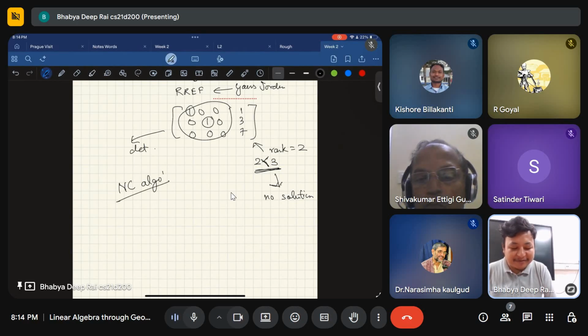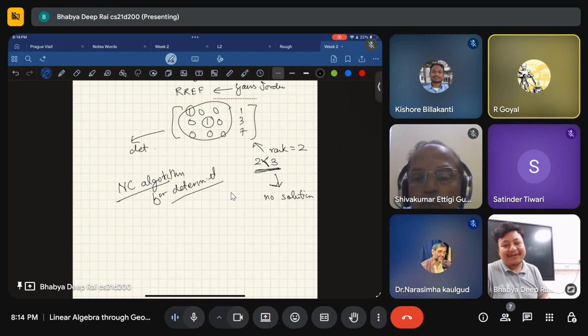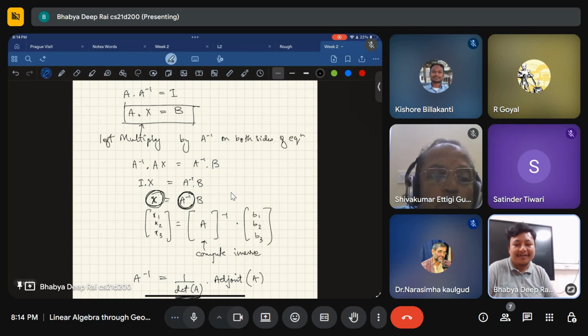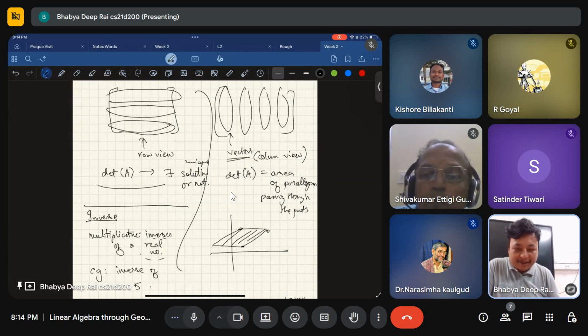This is the NC algorithm for determinant. Check this out on the internet. This shows that determinant can actually be computed very fast in parallel. There are parallel algorithms, right? Okay. Sure. Anyway, we came to the end of the session.